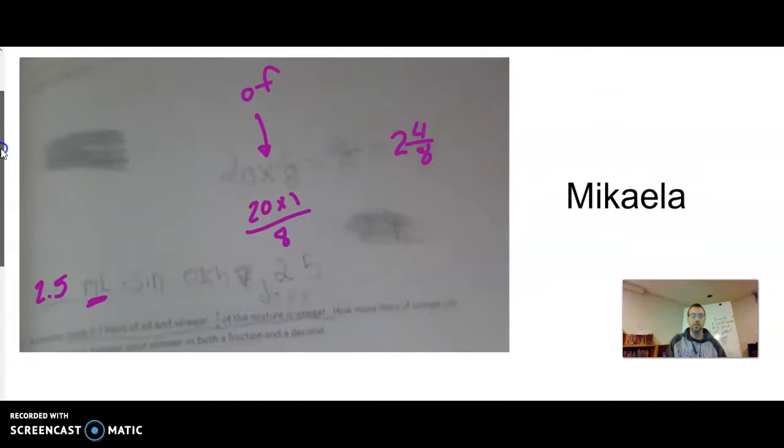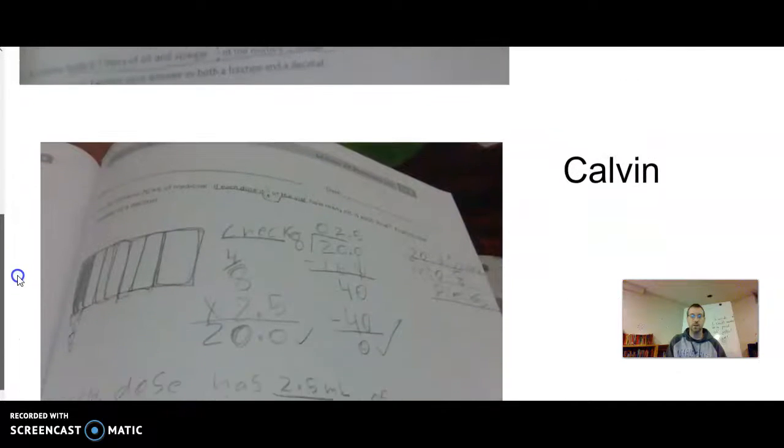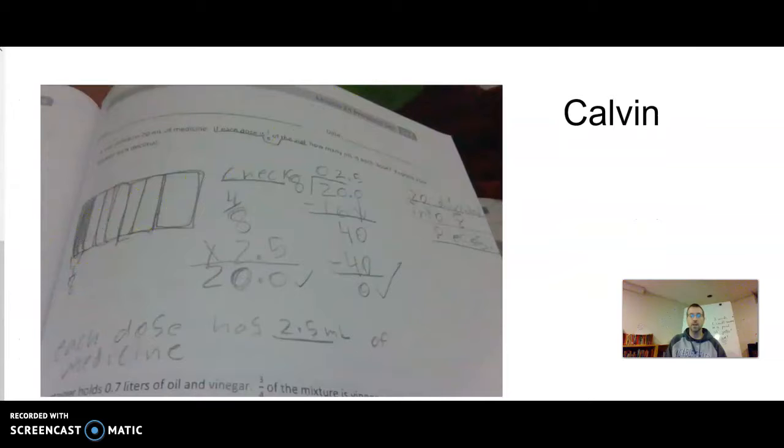Our other fellow genius is Kelvin. And Kelvin not only created a model, which we could label here, the whole thing is 20 milliliters, but he divided it into 8 parts and labeled it here, which is awesome to see as well. And he knew that it was going to be 20 divided by 8.